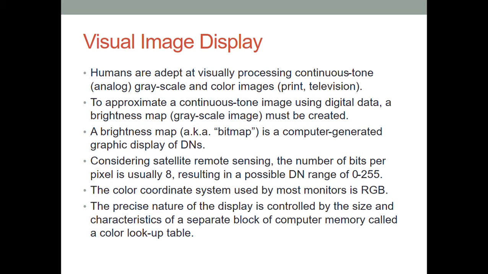Whether Apple computers, Macintosh, Windows computers, or even your handphones, Android, they are using RGB. This precise nature of display is controlled by the size and characteristics of a separate block of computer memory, which is called a color lookup table.